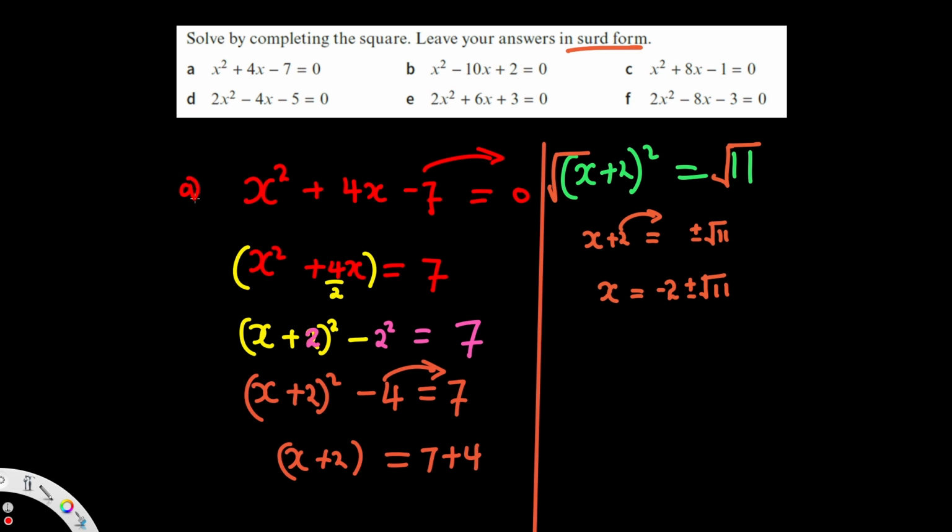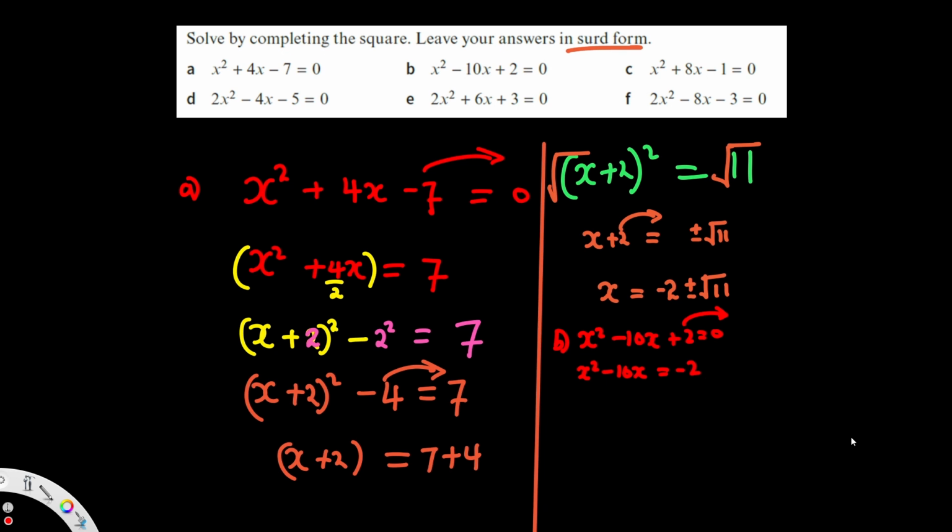This was part A. Then I'll take you through part B, so that you can be able to do the rest. This is x squared minus 10x plus 2 equals 0. As usual, we're going to take this on the other side. We remain with x squared minus 10x equals negative 2.